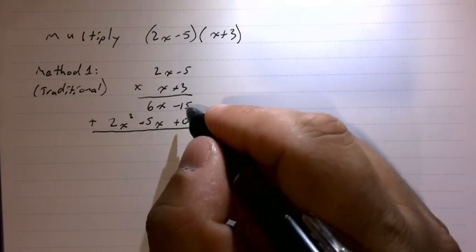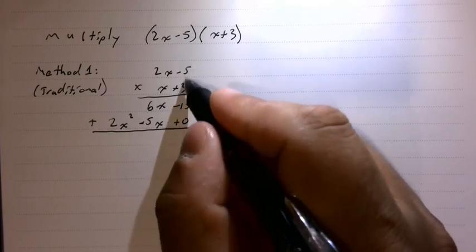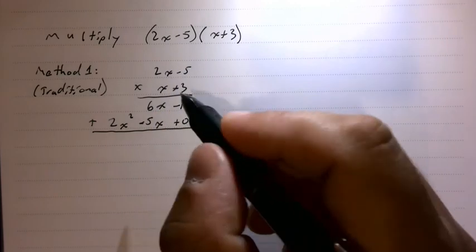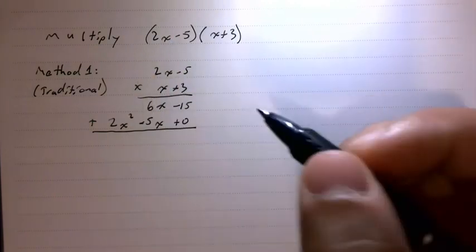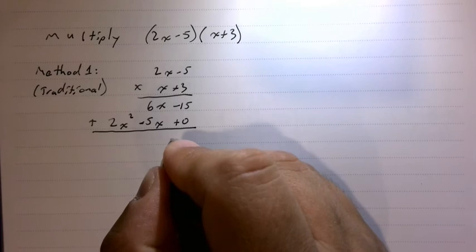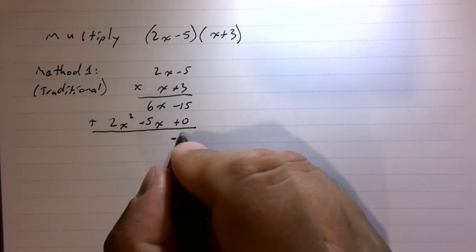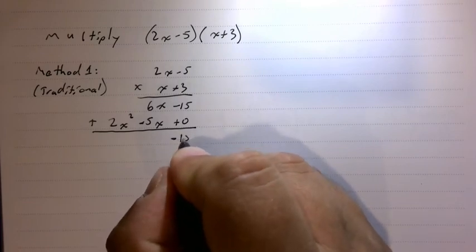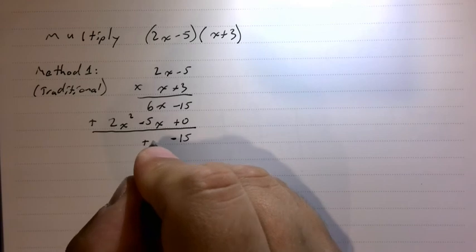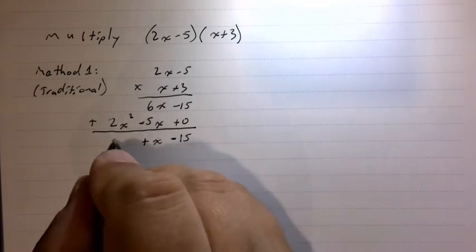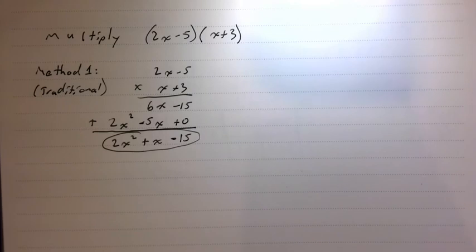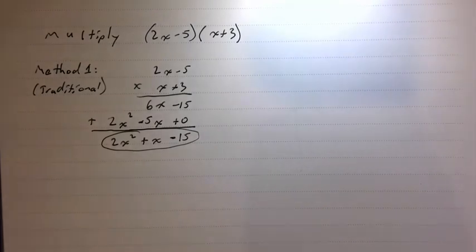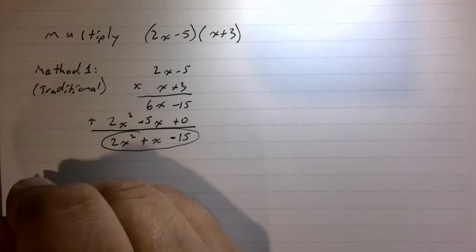I say little products because it's the product of just two terms in this problem, not the final product of the entire problem. So when we combine like terms here that are lined up in columns already for us, negative 15, positive x, and 2x squared, the final answer using the traditional method would be 2x squared plus x minus 15.